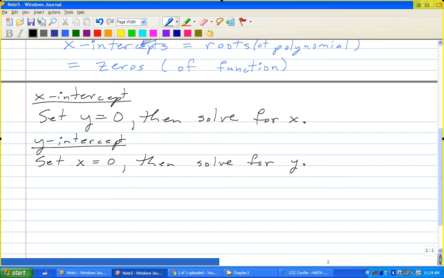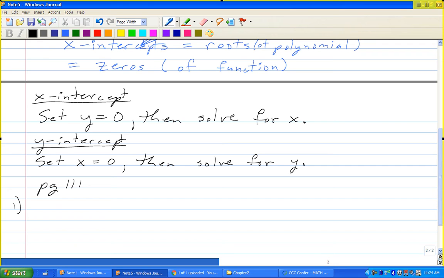Okay, so let's do some examples. Let's say on page 111, let me do problem number 1.